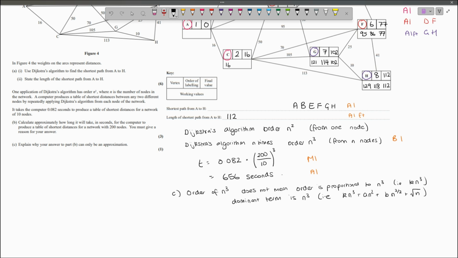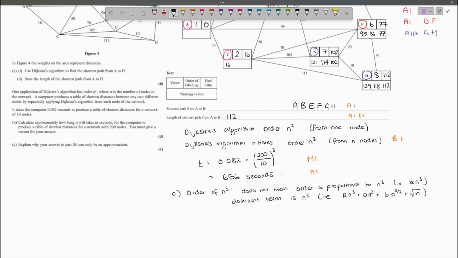But whilst n remains small, these other terms can impact the size of the problem quite a lot. So this is only an approximation. If we had 20,000 for n, it'd be a really good approximation, but because we've only got 200, these other terms can still affect it, especially if their coefficients are large.